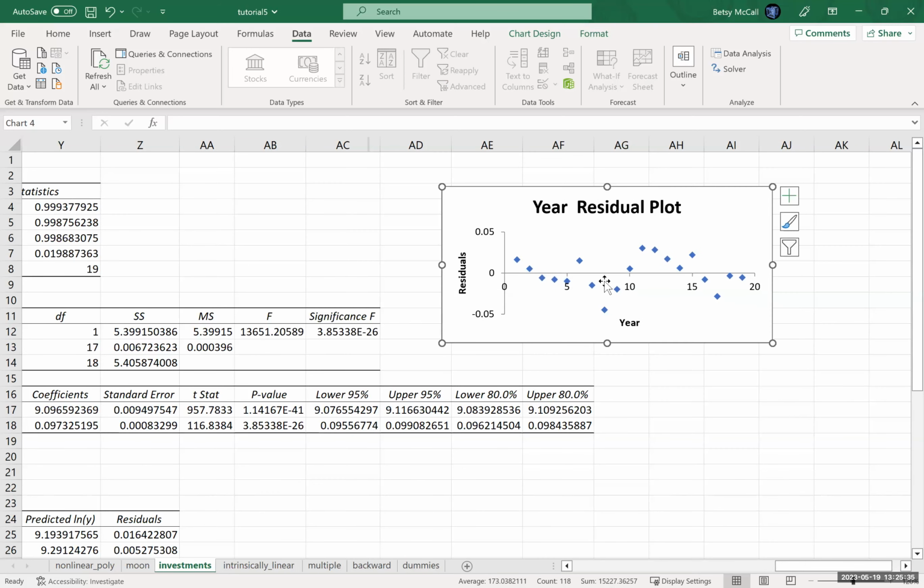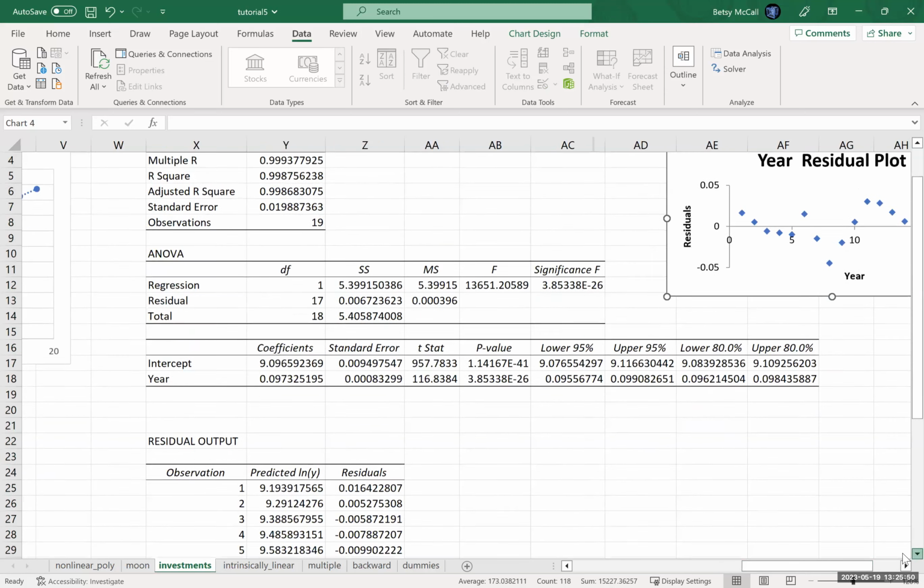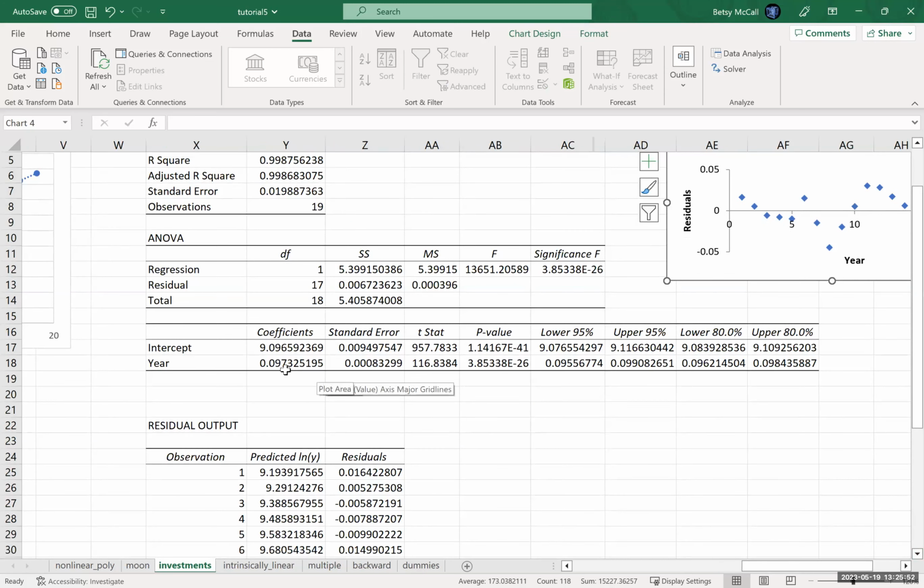All right, so that actually doesn't look that bad. There's no clear pattern, and the variance doesn't look too bad, so that's a good sign. Let's look at our coefficients. Those match our graphs. That's great. Let's do some hypothesis testing.